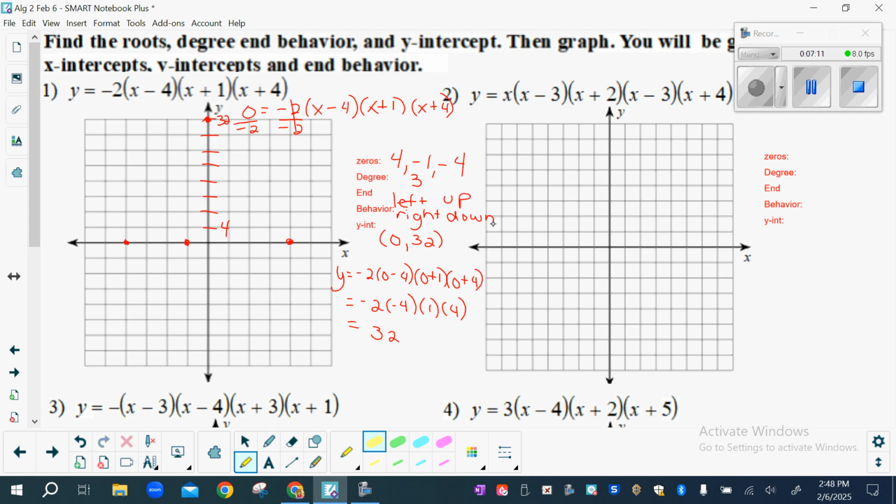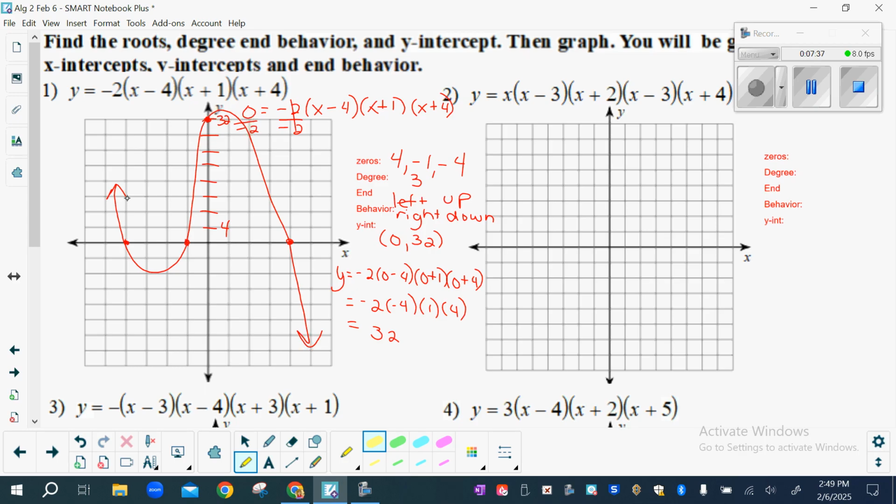I think what was listed there was for an even degree. So we are going to start with up. 1 bump. And then we have to go up through this y-intercept and down through the last one. 1 bump between those 2. Does that make sense?